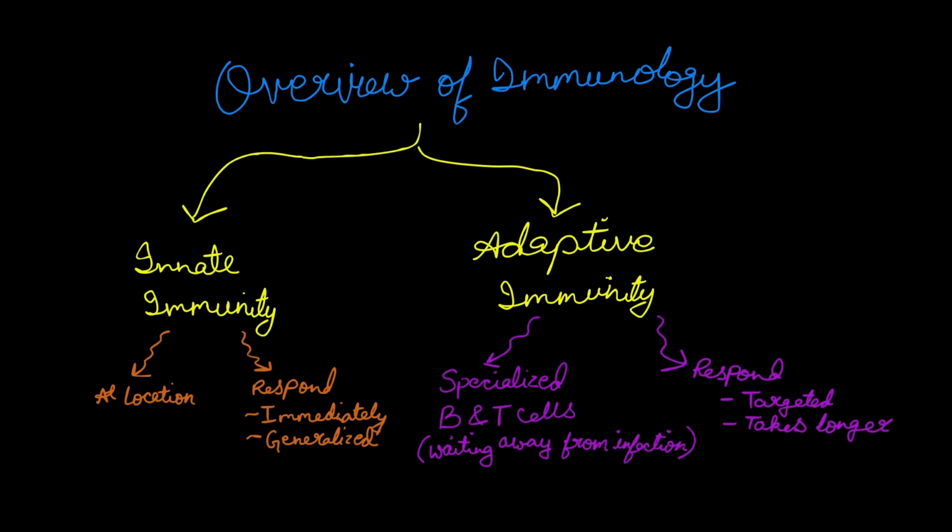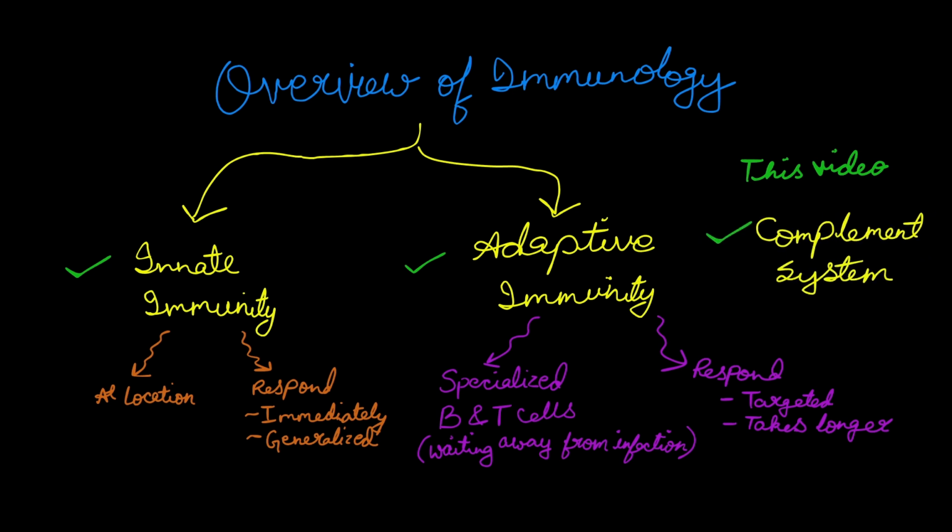Because this system requires recognition and activation, it takes longer to respond, especially during a first encounter with a pathogen. In this video, we will examine both these systems and also explore the complement system, which supports and enhances the actions of both innate and adaptive immunity.